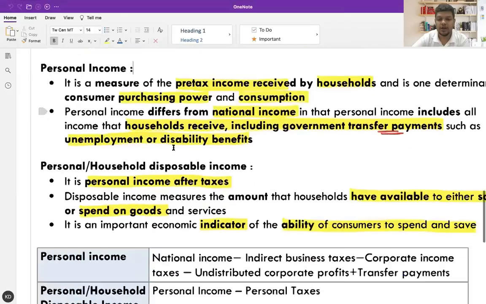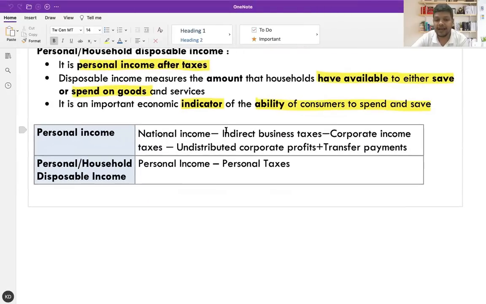So now see, from the national income, we will remove the indirect business taxes, the corporate income taxes, all the taxes, and undistributed corporate profits, meaning the profits which are not distributed, but add transfer payments. Even the undistributed profits will be removed, but transfer payments will be added back. Is that clear? That's called personal income.